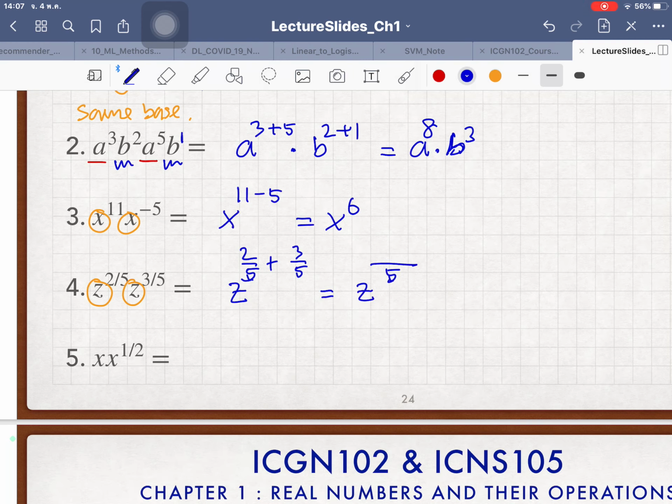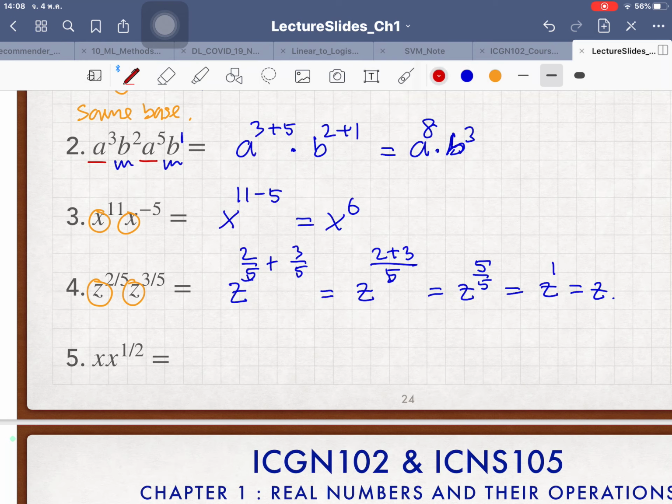Now you just add up 2 and 3, because for both fraction terms, they have the same denominator. So in this case, you get just z to the power 5 over 5. So you get just z to the power 1, or just z itself.